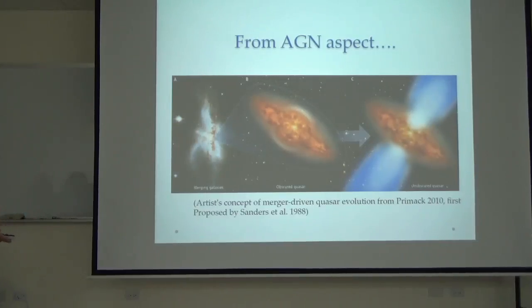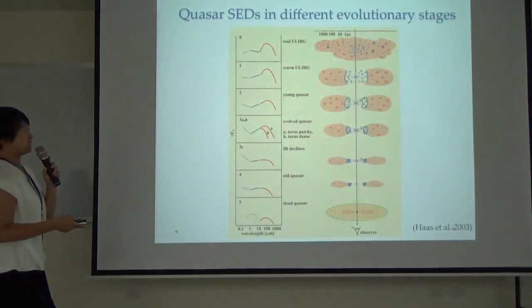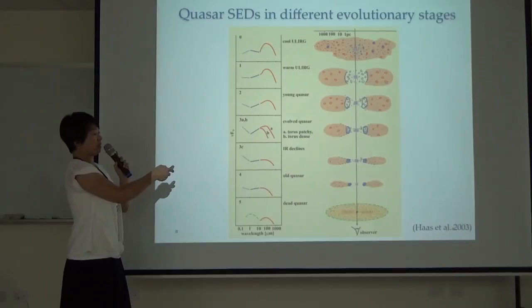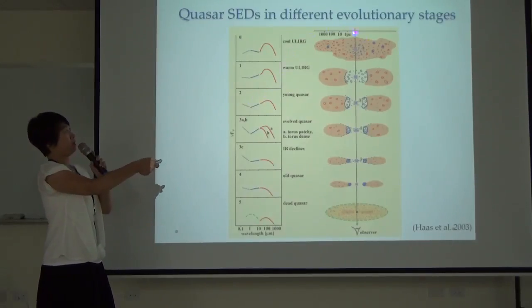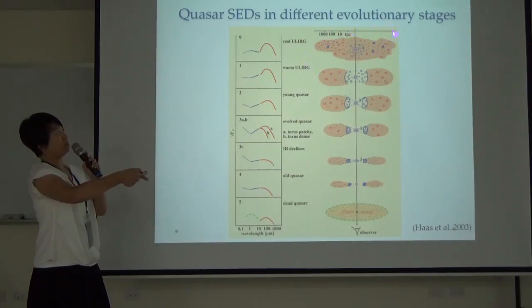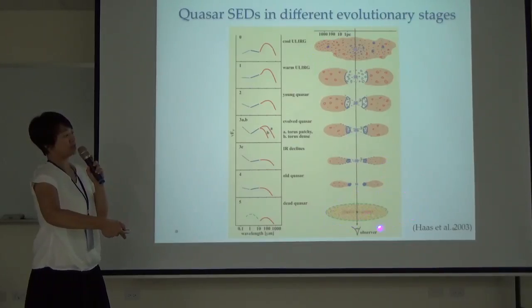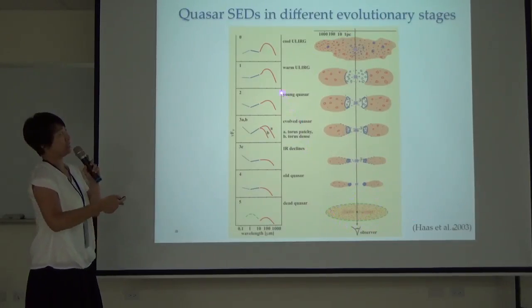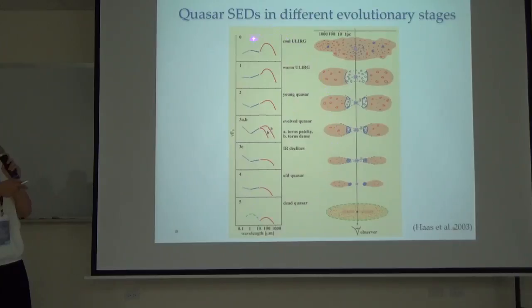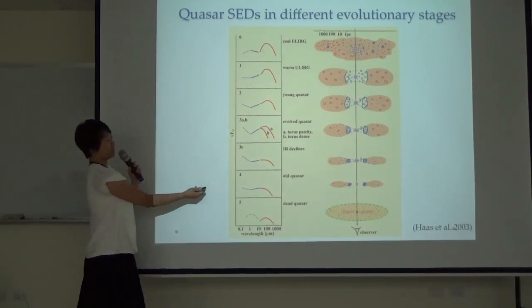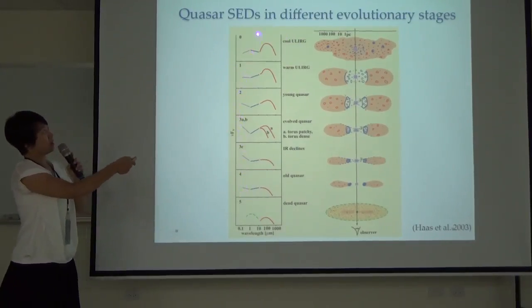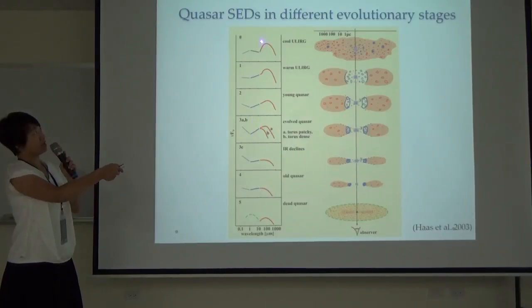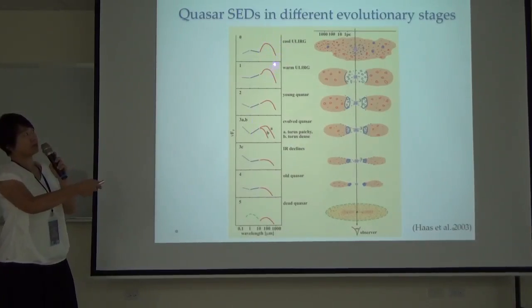So based on this assumption, from the early stage of AGN evolution to the late stage, you can see how the SED changes. This is the UV light, optical light, and then the red line is the infrared.